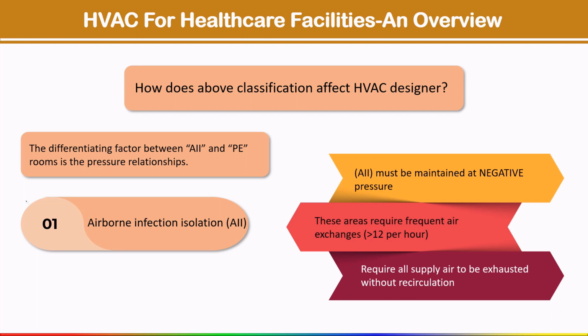Suppose you have done the heat load calculation and you have got 1000 cfm, which means we have to supply 1000 cubic feet per minute of conditioned air inside the isolation room.